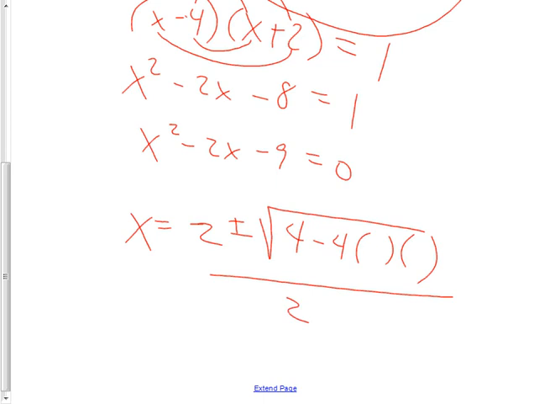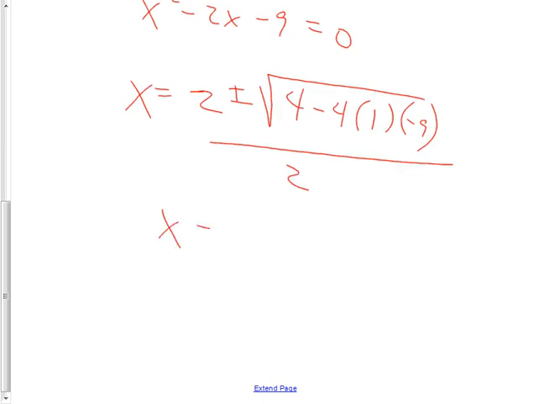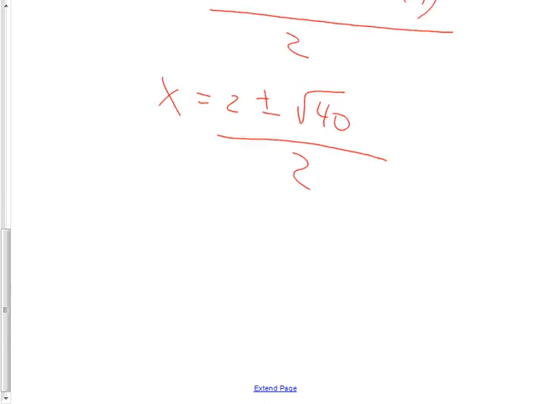And the a part was 1, and the c part is negative 9, and so this makes x equals 2 plus or minus, let me think, 4 plus 36 would be 40, square root of 40 all over 2. And could you leave it that way? No, because the square root of 40 could simplify. Root 4 and root 10, which is 2 root 10.